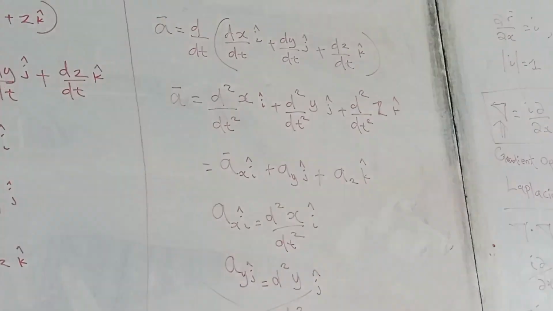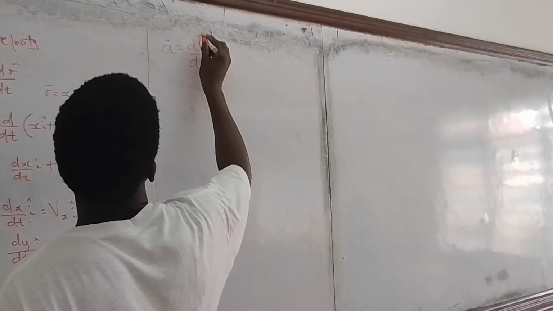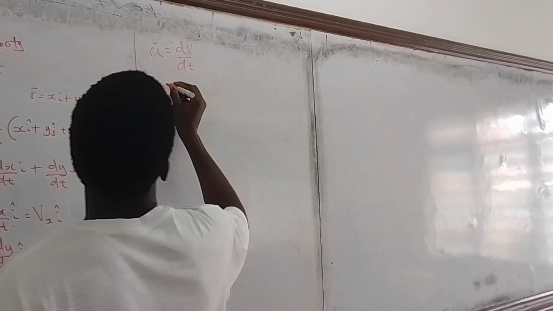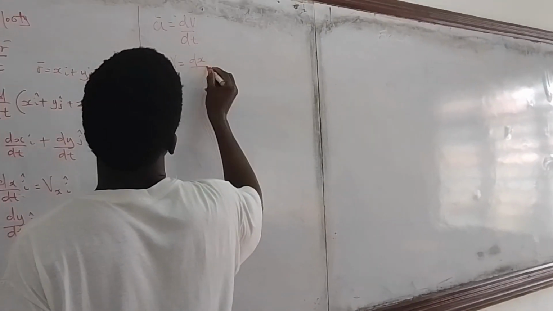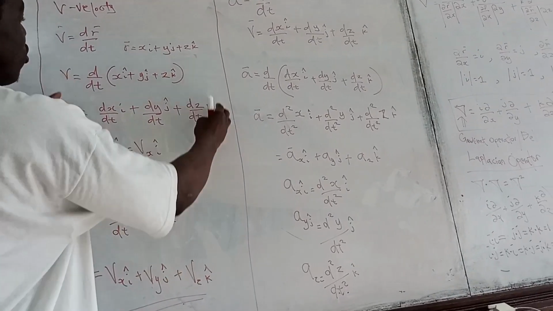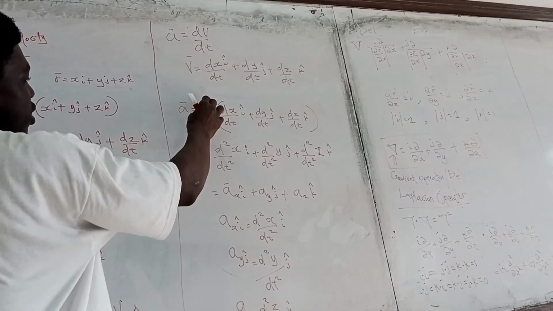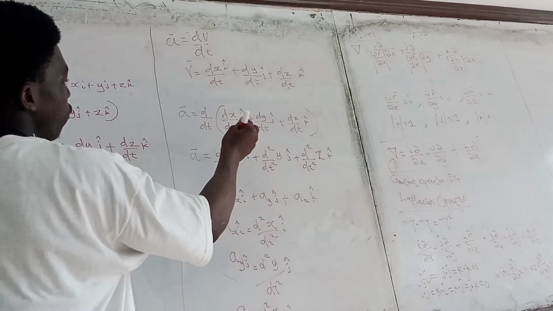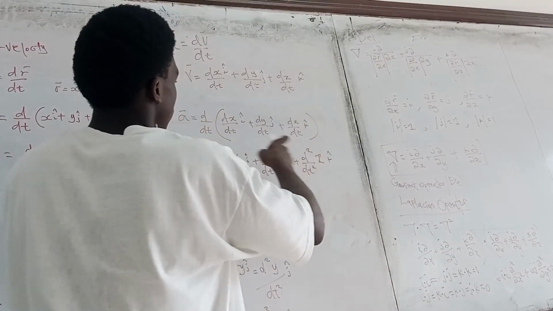Let's look at acceleration now. Acceleration is given by dv over dt. We have our velocity, which was vx in the i direction, vy in the j direction, vz in the k direction.